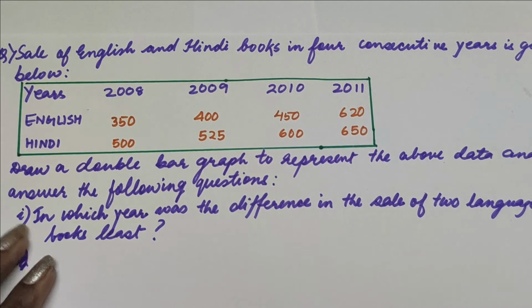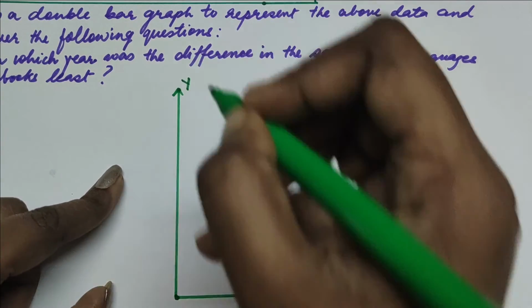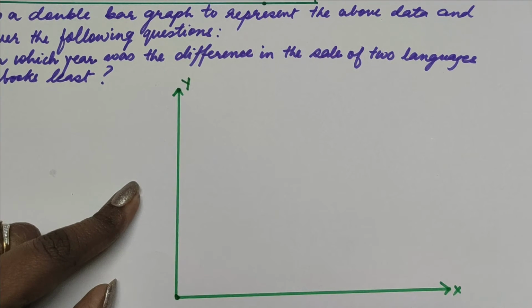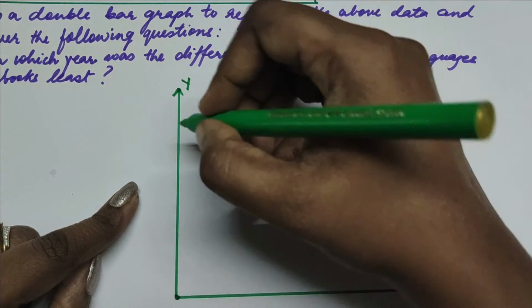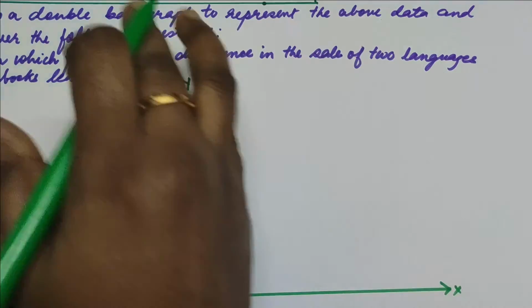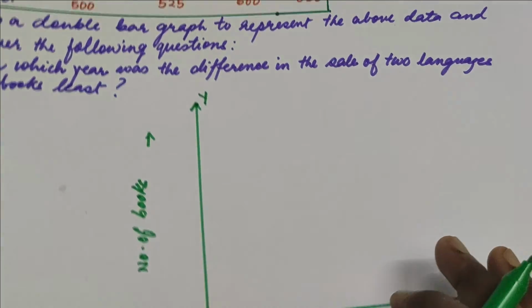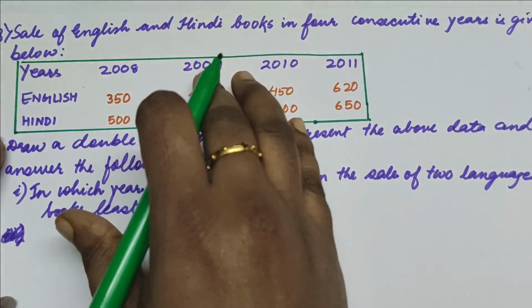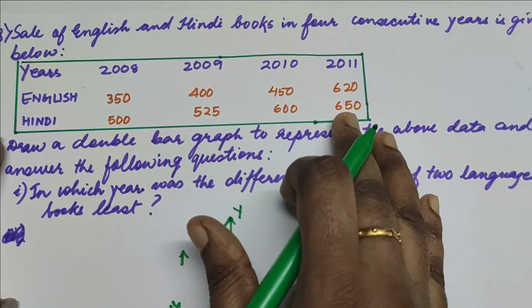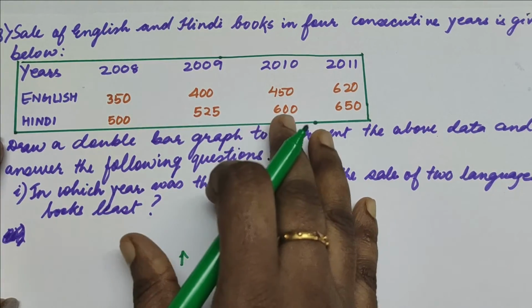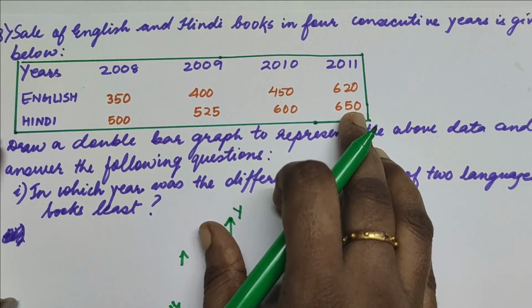So let us plot it. So this is my x and y axis. In this axis I am going to keep the year, and this axis the number of books. Here you can see in the question the range is between 0 to 600, 650 maximum.